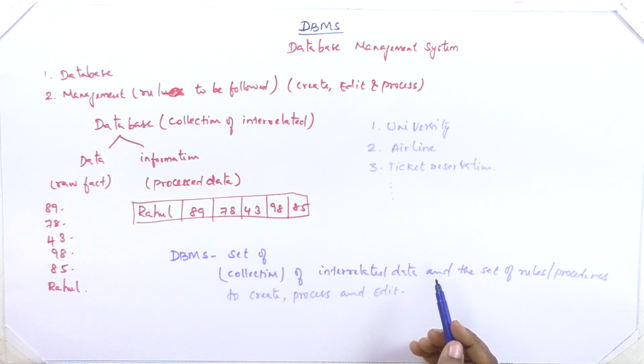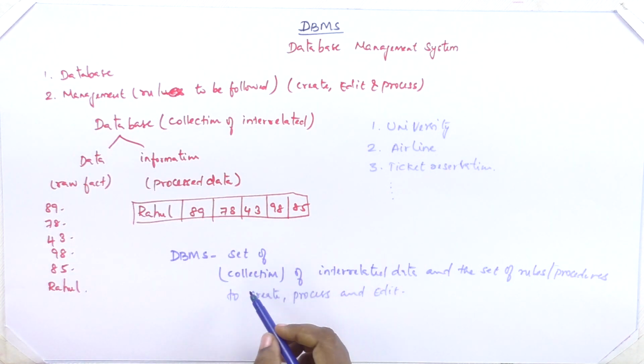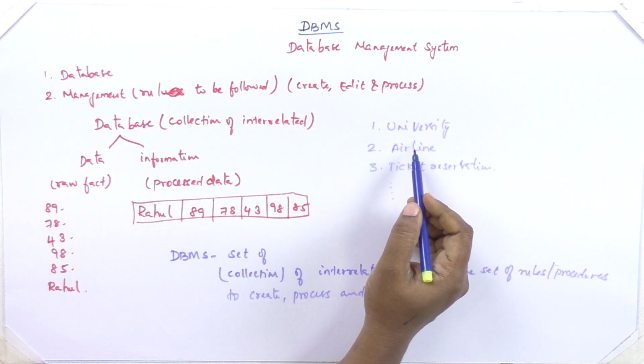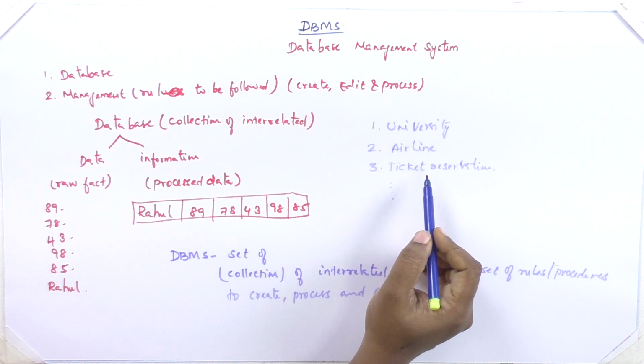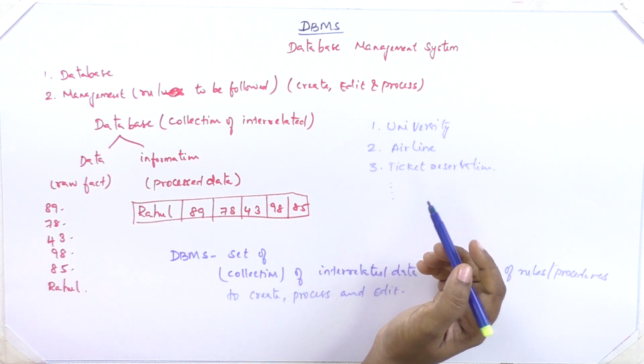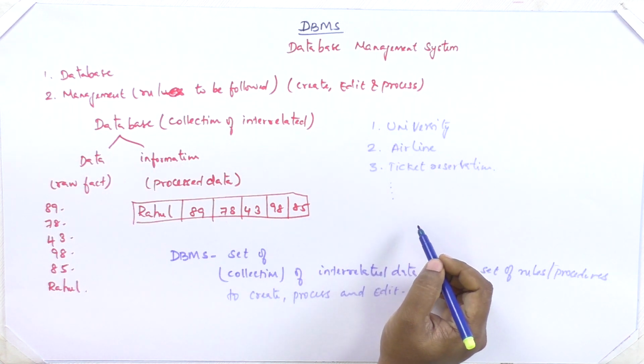When we say database management system, we call it a collection of interrelated data and a set of procedures or rules that are followed to create, process and edit the database. The applications of database management system include university database, airline reservation, any ticket reservation system, manufacturing and online retailers. Everybody is using DBMS nowadays.